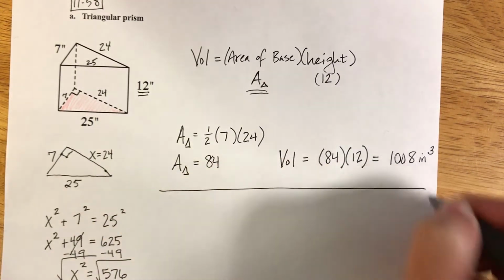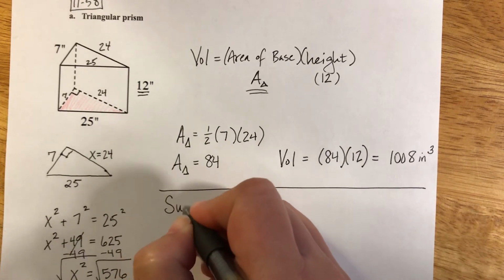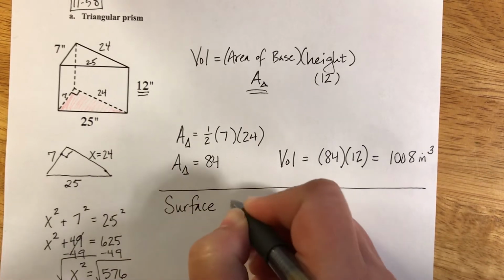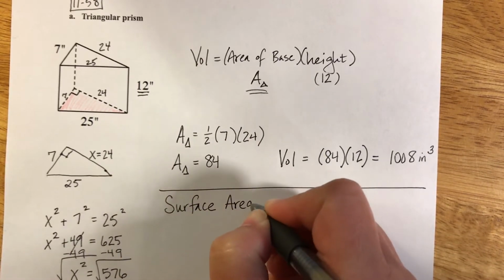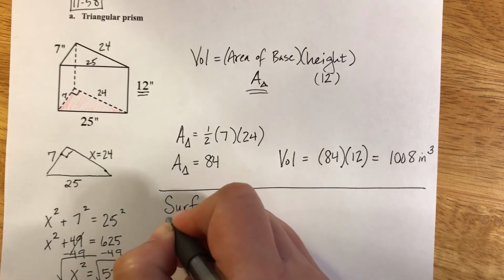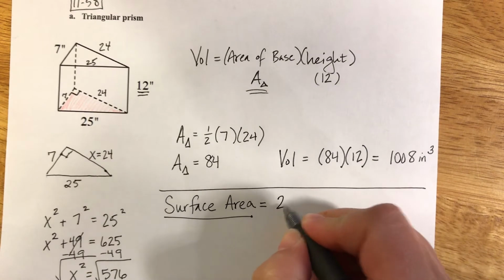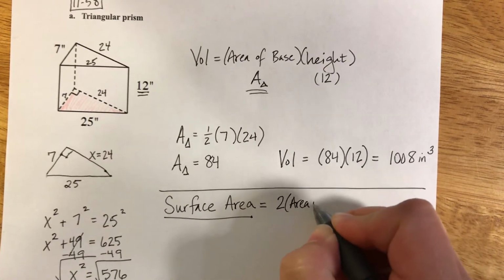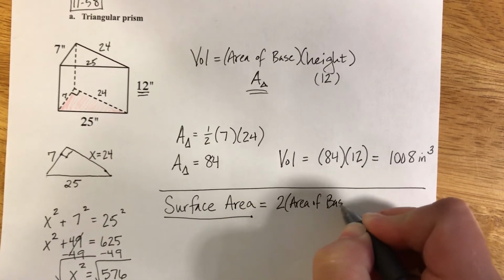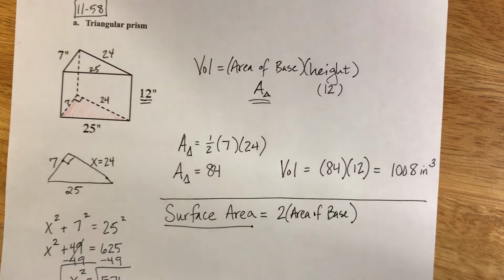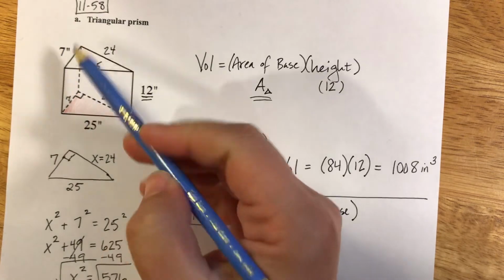Okay, let's talk about the surface area. The surface area is basically the area of every single face added together. So we've got our 2 bases, so we're going to do 2 times the area of the base. And then if I look at this diagram, I have 3 lateral faces.